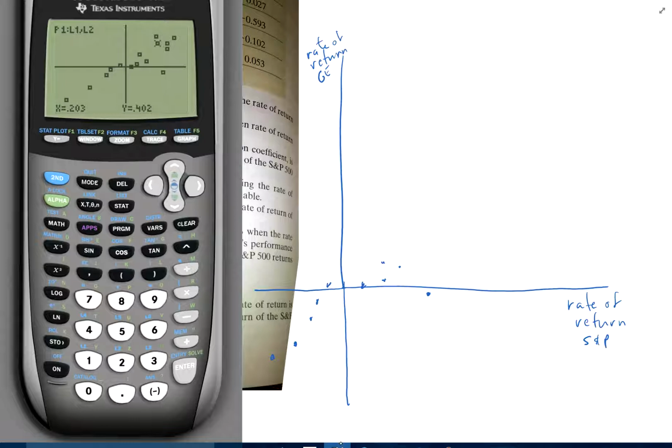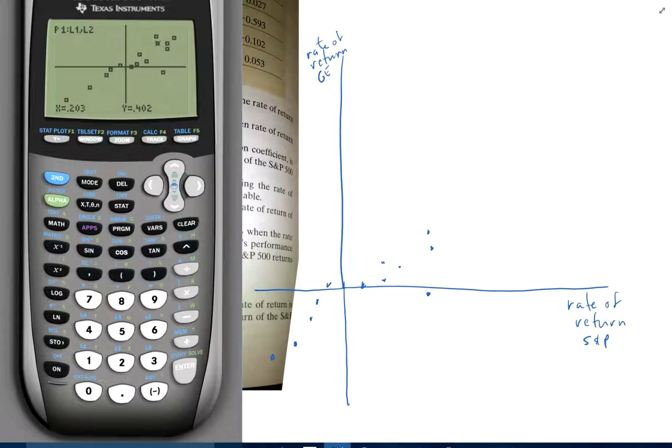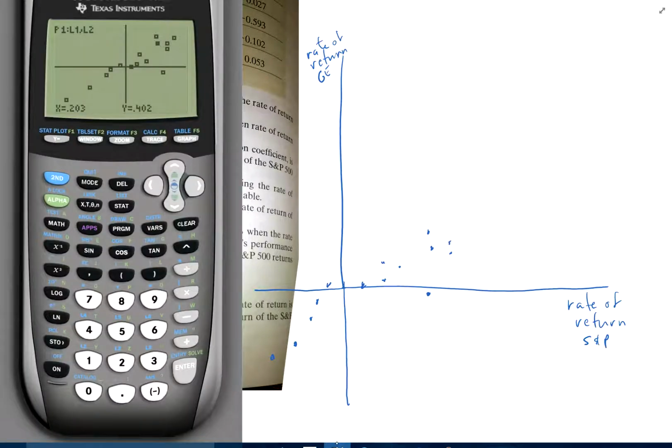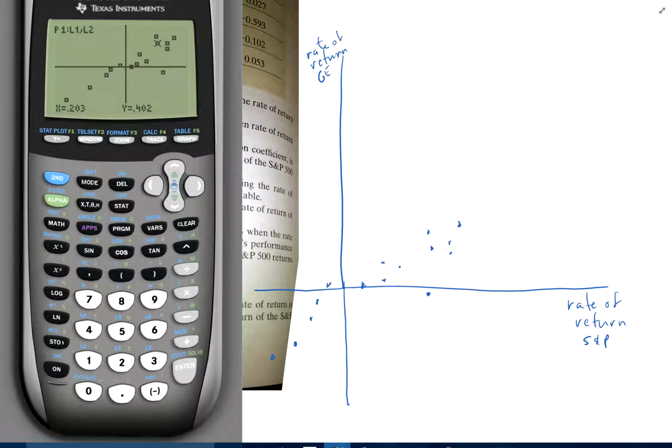A little bit of a space. Then it jumps up here. There's a couple up here. And then one here. Okay. So we're looking at something sort of like that.